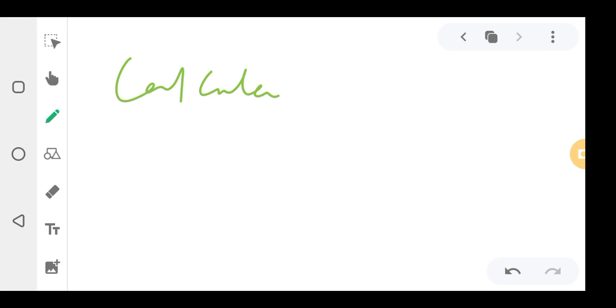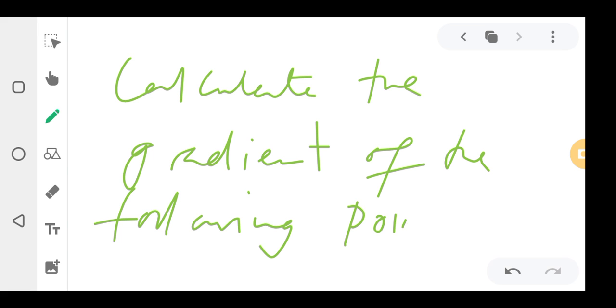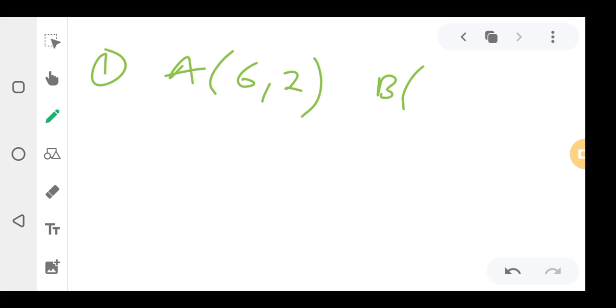Calculate the gradient of the following points. Okay, so what are the points? Question 1: A is (6, 2), B is (7, 3).